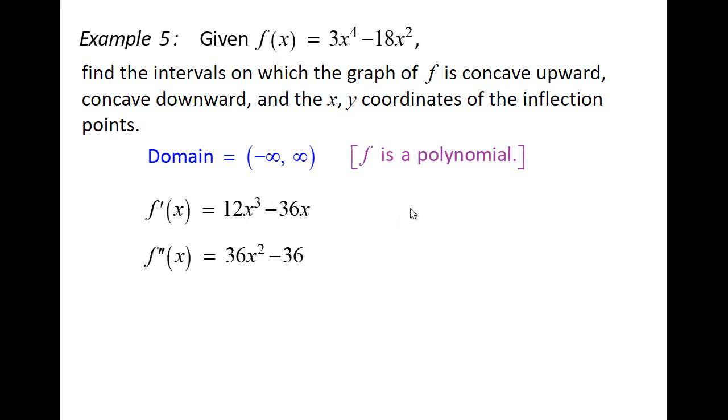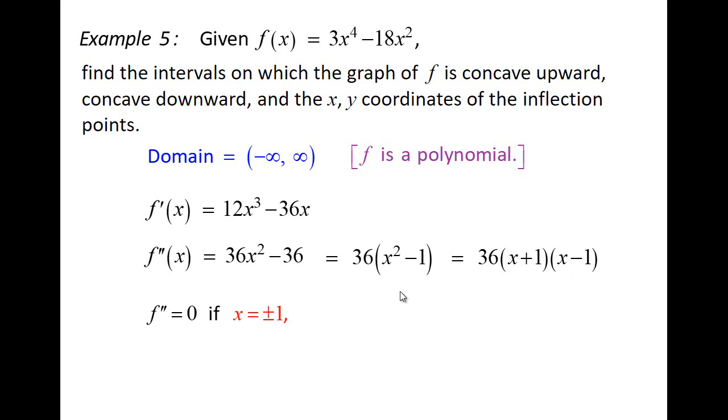So now we want to find the partition numbers for f double prime, which are the values of x where f double prime is 0 or doesn't exist. If we factor out the 36 here, we get 36 times x squared minus 1, and x squared minus 1 can be factored into x plus 1 and x minus 1.